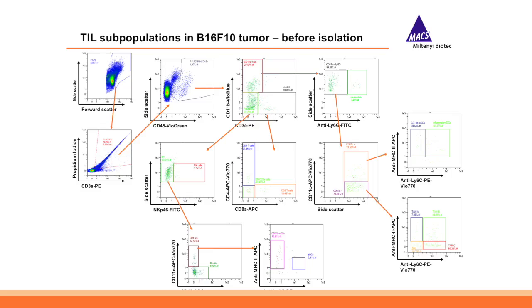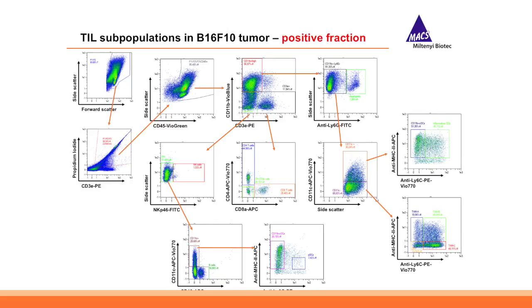So if we go back to the first example that I showed, this is the kind of data that we are able to generate when we analyze 100,000 cells of the total tumor cell suspension before isolation, and then after isolation in the tumor fraction, we can now have a much better picture of the immune component in the tumor.